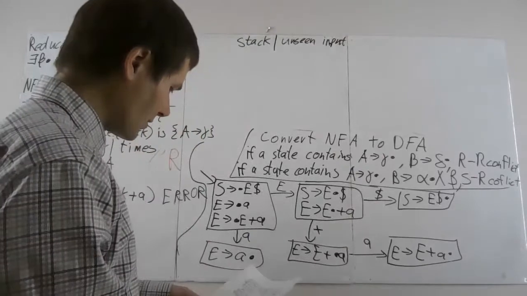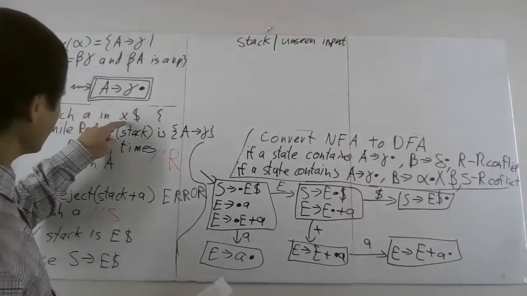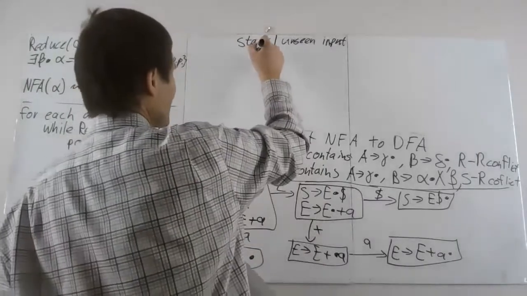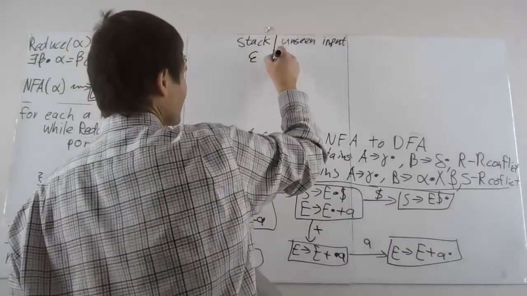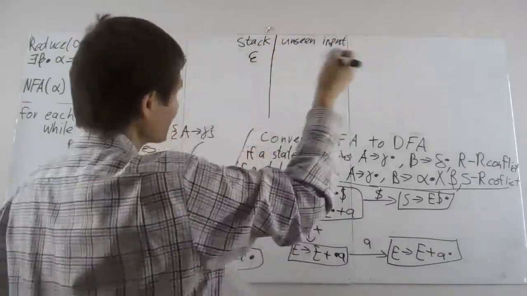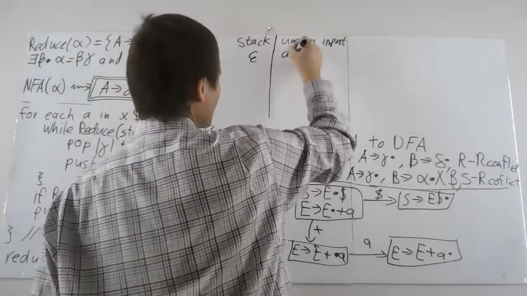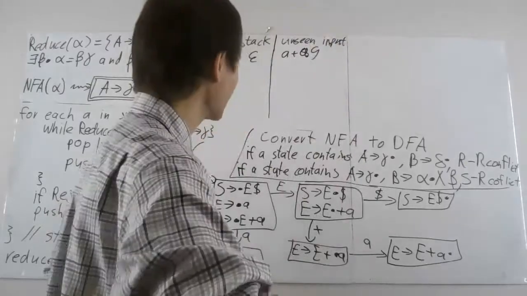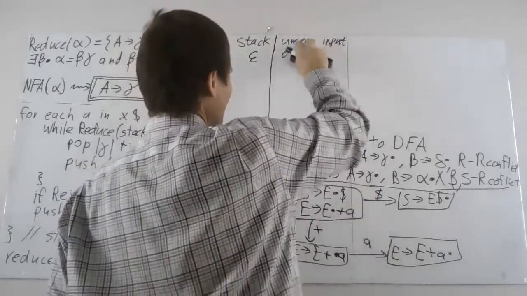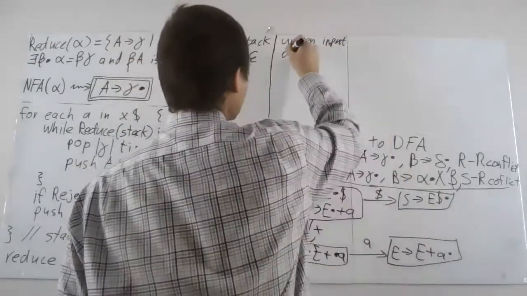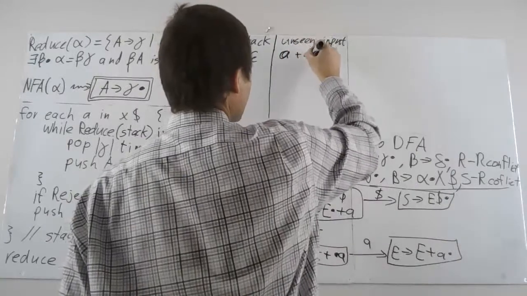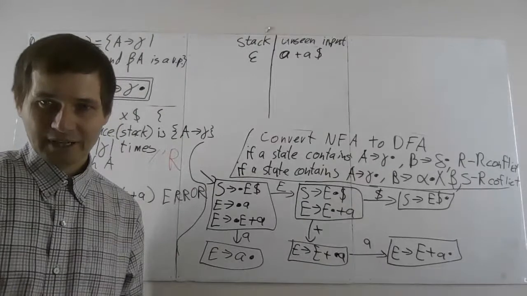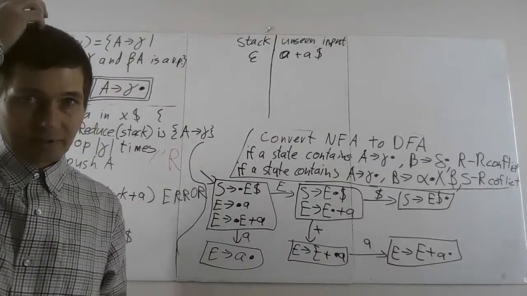Okay, and so at the very beginning, the unseen input is all of the input, and the stack is empty. The unseen input is A plus A $, right? So this is the same example we tried to parse before.